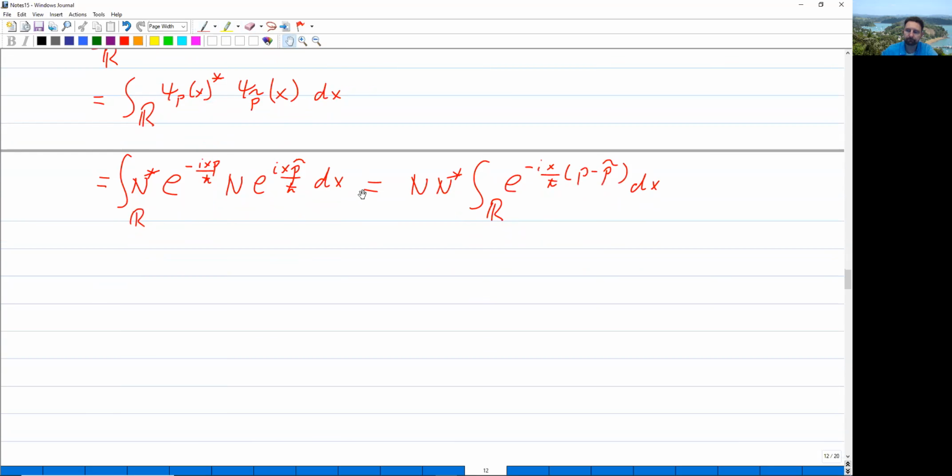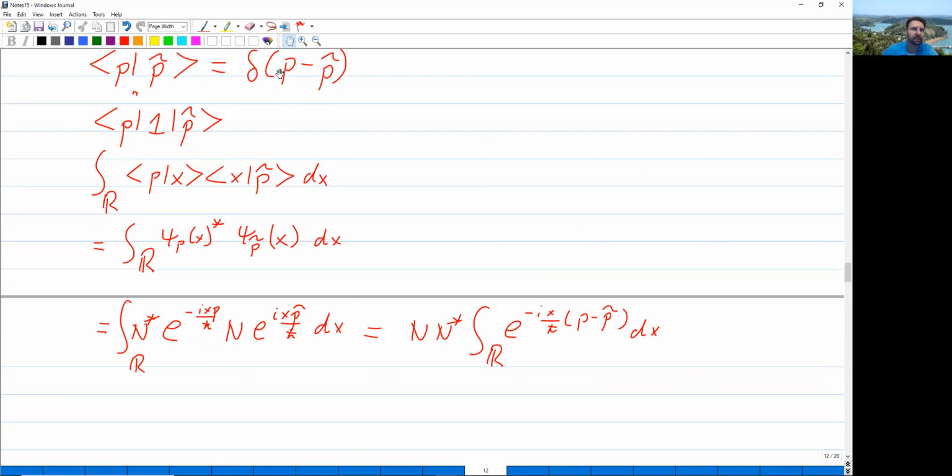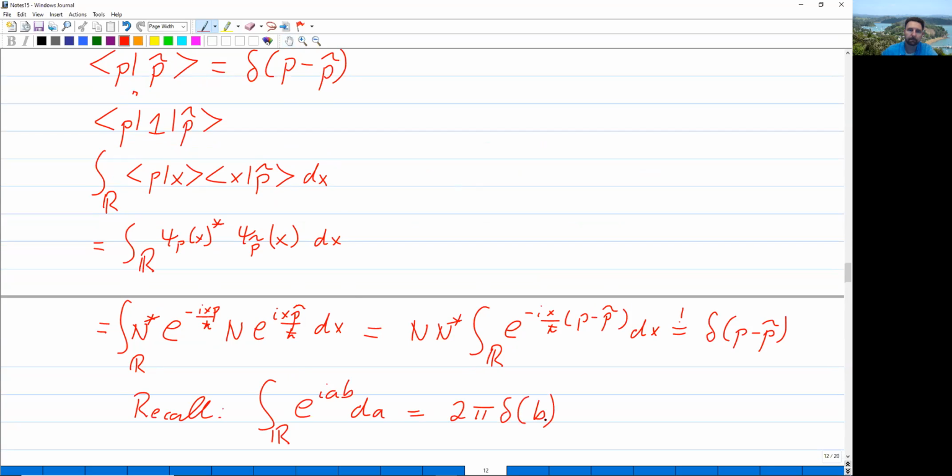Now, if you remember, this has to be equal to the Dirac delta of p minus p tilde. Now, let's remember that when you do the integral over the real line of a plane wave, e to the power of i a b da, then this is 2 pi Dirac delta of b.